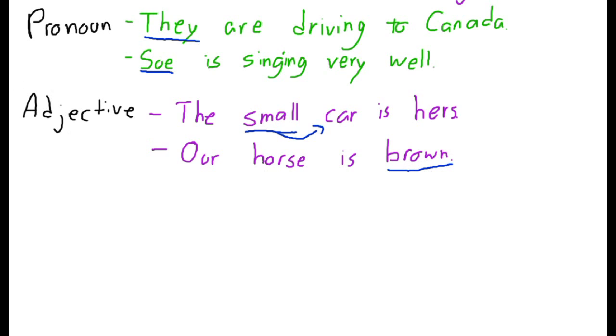Okay, now another one we can look at would be an adverb. An adverb. Now what adverbs do is they don't describe a noun, but they kind of describe the verb. They tell you what the verb is doing, and it answers the question how.